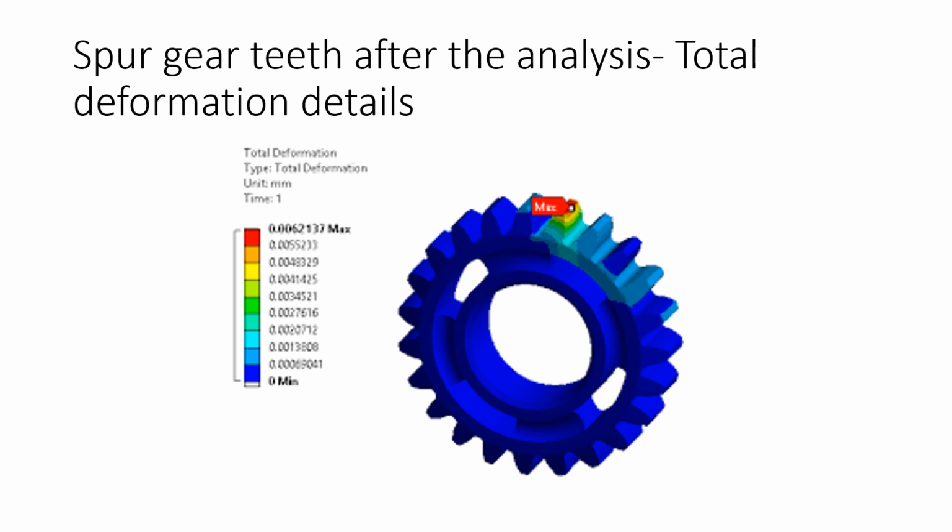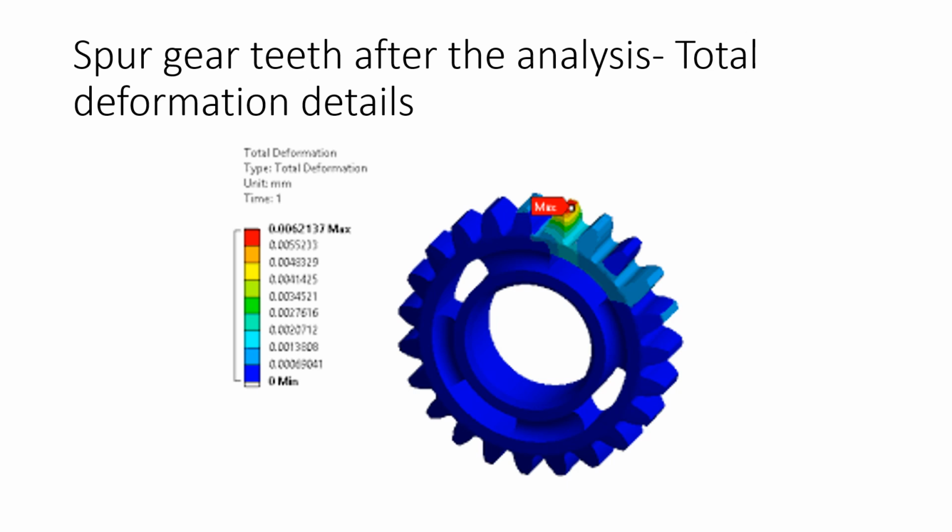On that graph we can see red means maximum deformation, blue means least deformation. So the blue color on the spur gear shows that it is within the safe limit, and red and yellow are near the maximum deformation.